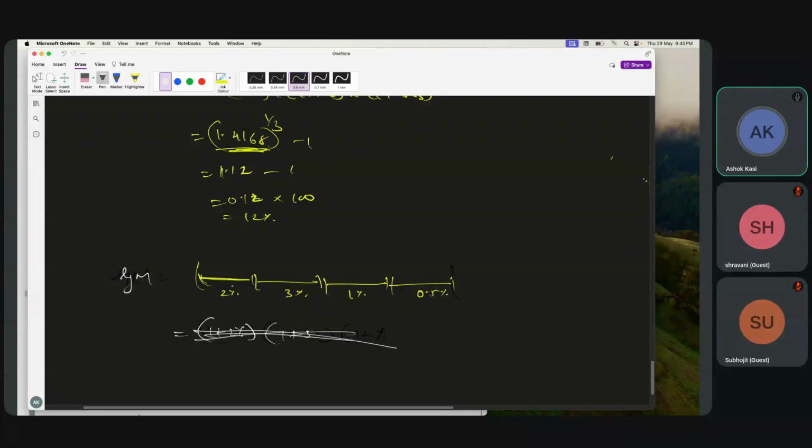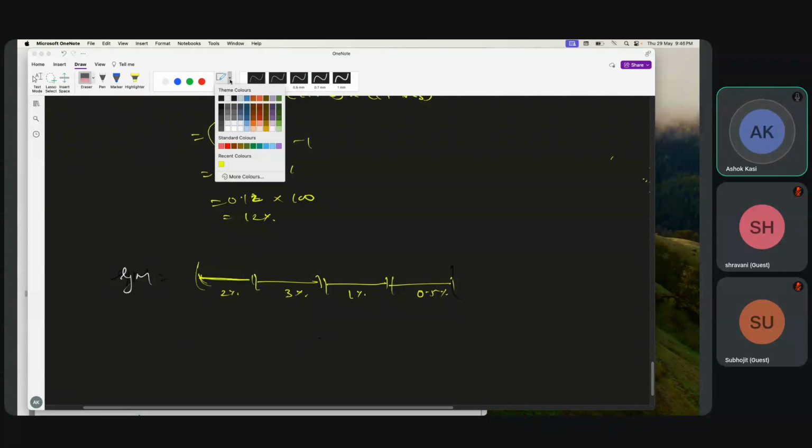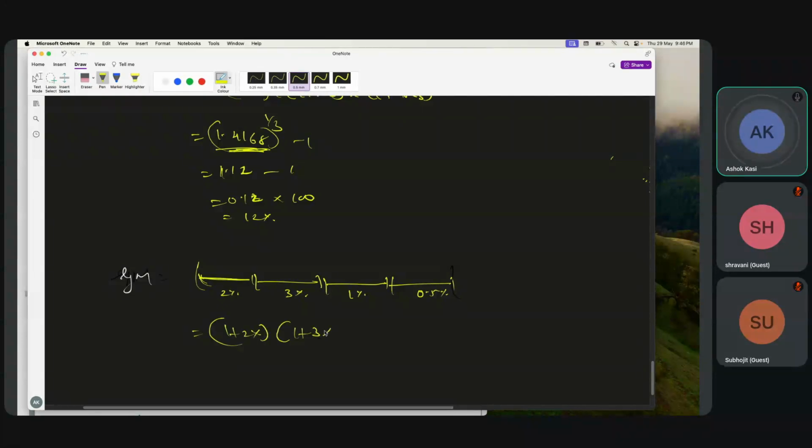Acha, this I have to calculate, right? Okay. 1 plus 2 percentage into 1 plus 3 percentage into 1 plus 1 percentage into 1 plus 0.5 percentage.